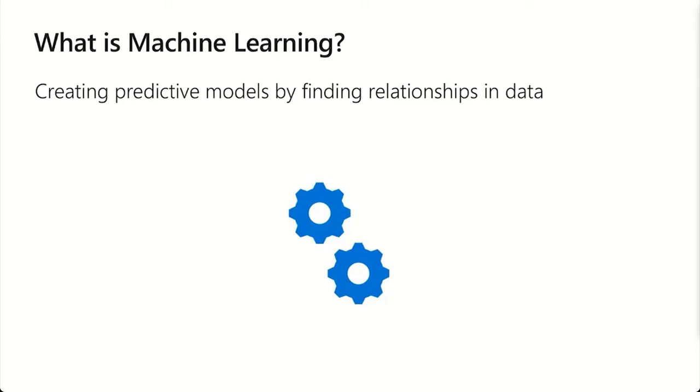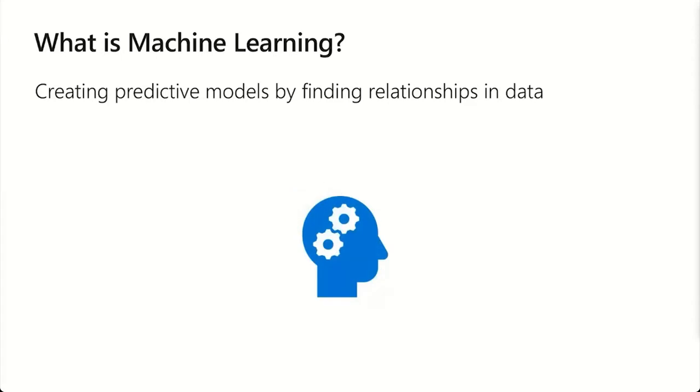After it has done this, I can use this algorithm to predict new flowers. So in this case, I get a new flower, and my algorithm will predict that it's probably a Bellis perennis. Really simple basics of machine learning.